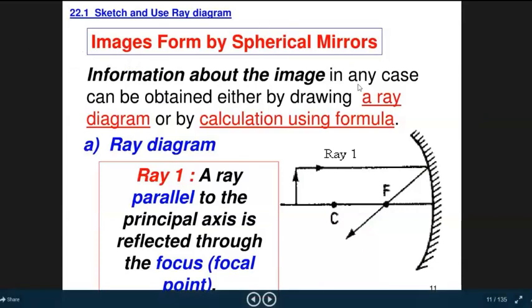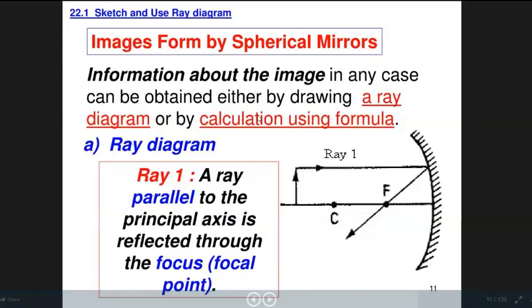Information about the image in any case can be obtained either by drawing a ray diagram or by calculation using a formula. So there are two concepts. First one is drawing the ray diagram. Second one is mathematical calculation.